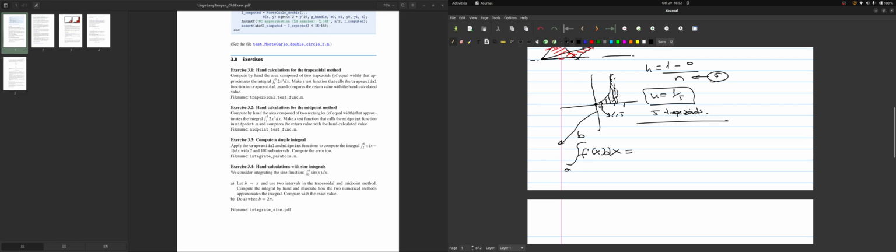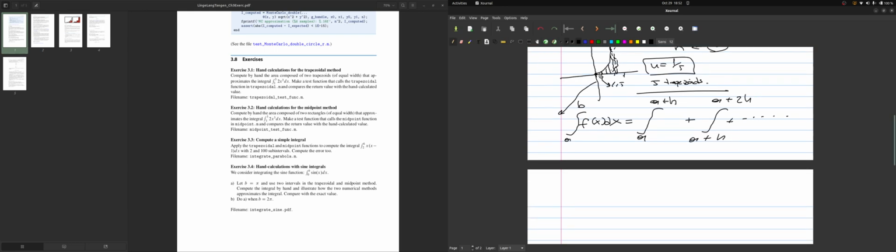What do we mean by that? We take this trapezoid, we add this one, we add this one, and we go on continuing. So from a to a plus h, from a plus h to a plus 2h, and it goes like this.